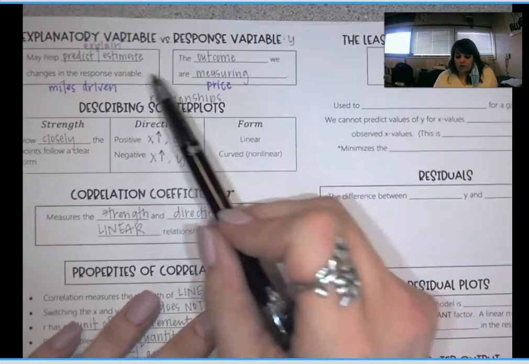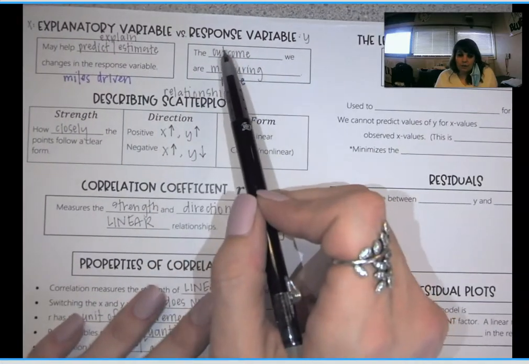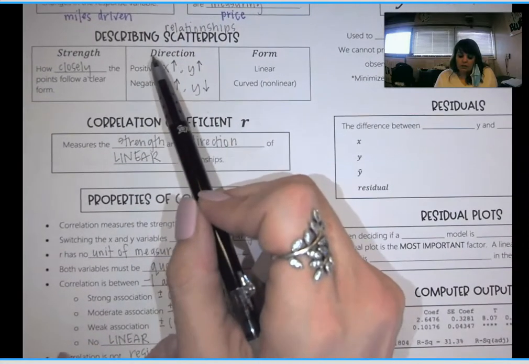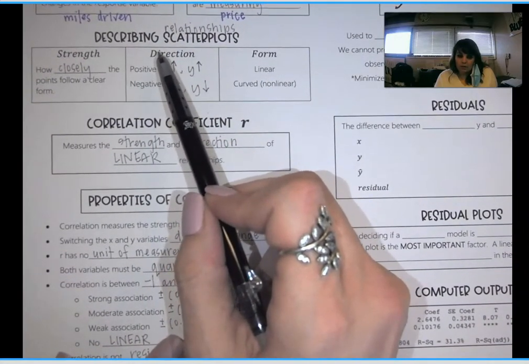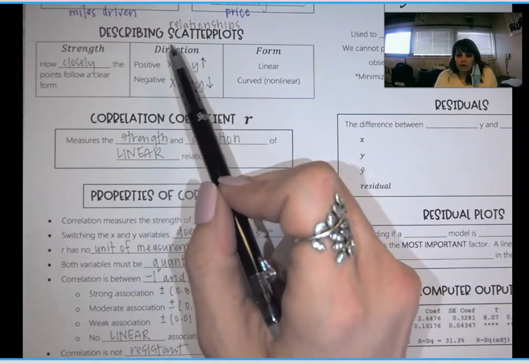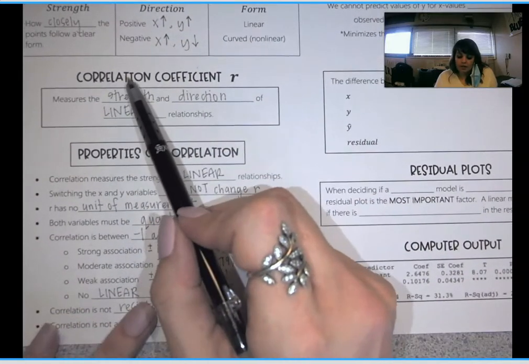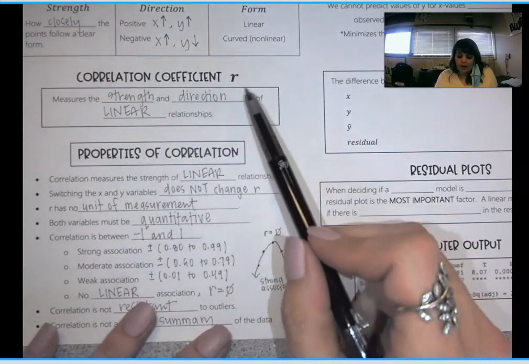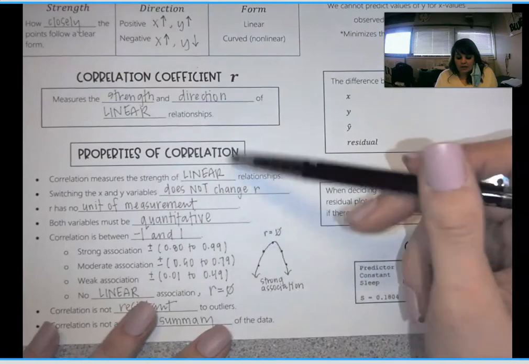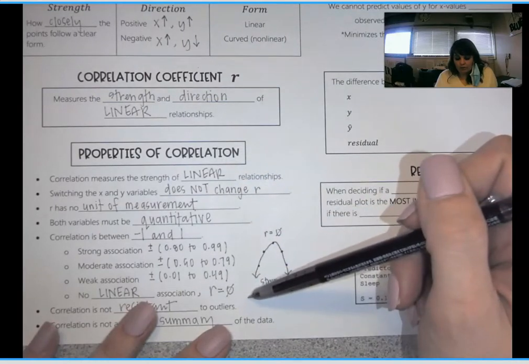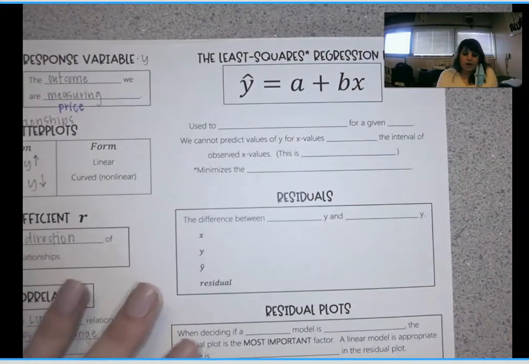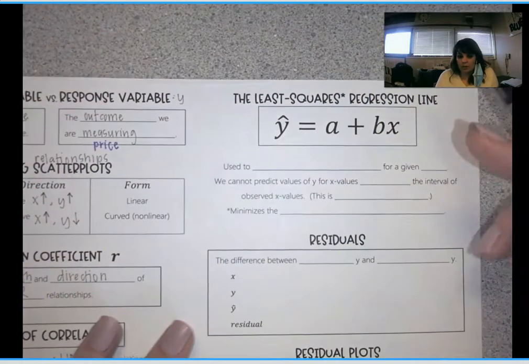So we started with our X and Y variables that have to be quantitative. We can plot the X and Y variable against each other and see if there is a relationship. If we happen to have a linear relationship, we have a descriptor for that called R and some properties about that value. We can also find a least squares regression line if our relationship is linear.